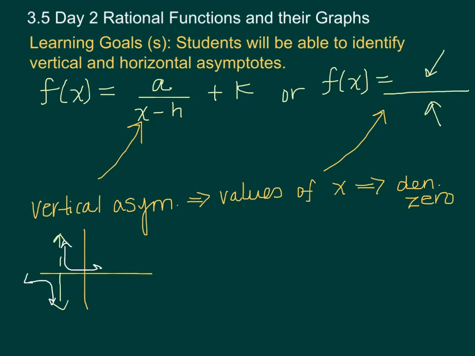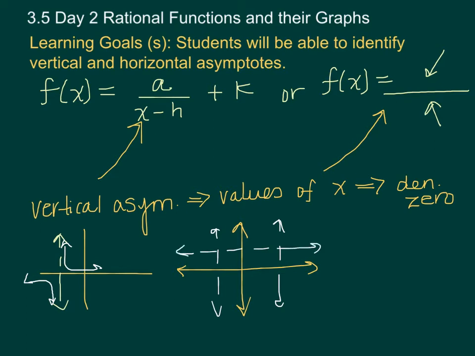And then horizontal asymptotes, which we're going to cover later. Sometimes your graph may touch the horizontal asymptote. So you may have two branches on the ends and one in the middle.